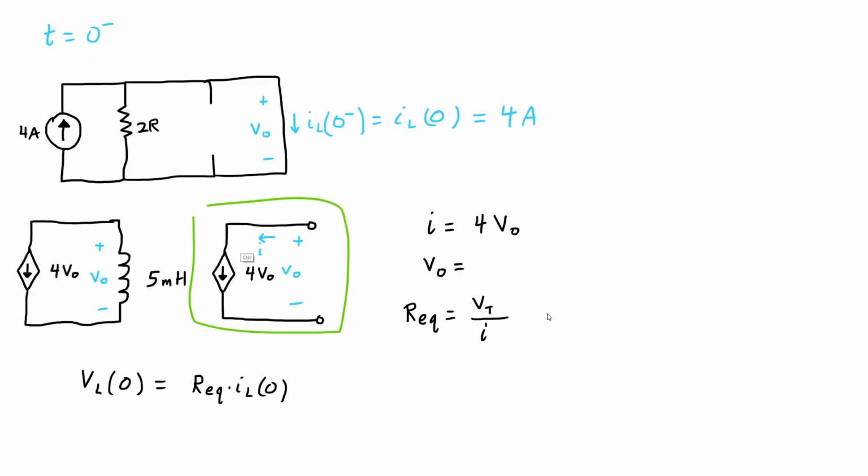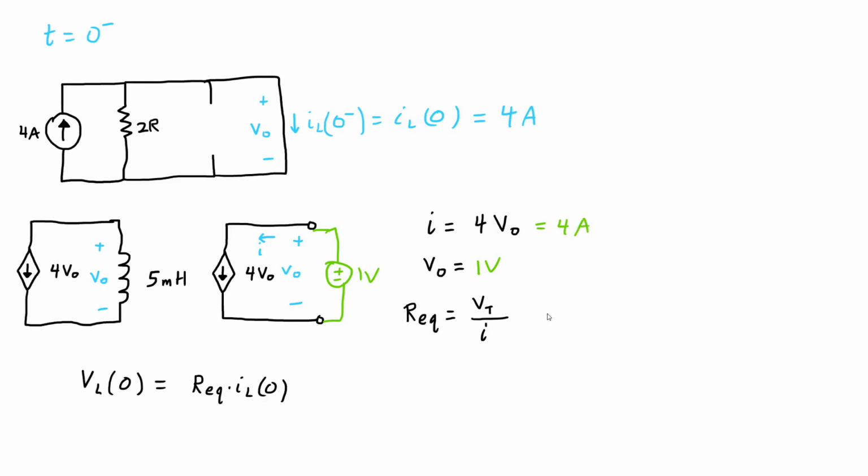We're going to build an equivalent circuit. We're going to break out this, and we're going to attach a test source. Now I chose 1 volt. It doesn't matter, but if VO is 1 volt, it means that the current I is 4 times VO, so that's 4 amps.